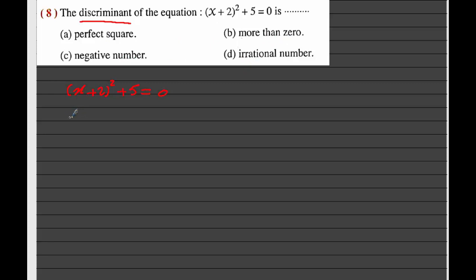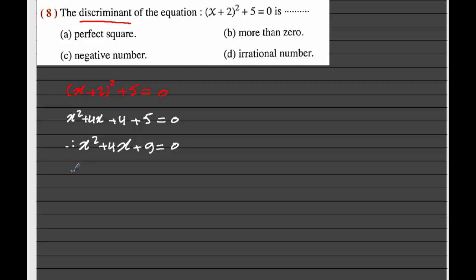So by expanding the left hand side, we will get x square plus 4x plus 4 plus 5 equals 0. Then x square plus 4x plus 9 equals 0.